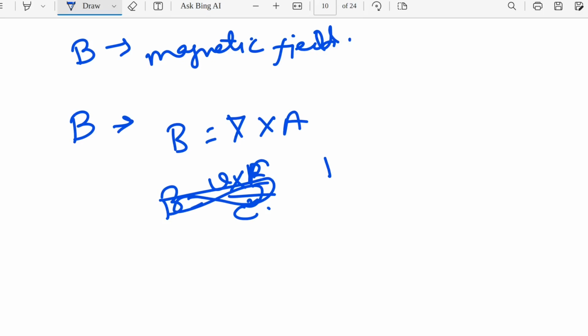Is it possible or not? Can you tell me what V will be? Will it be B cross C or what? It will be V cross E by C square. That can also be possible.